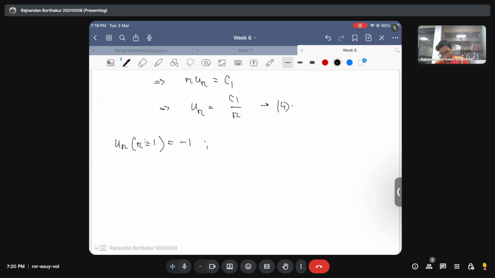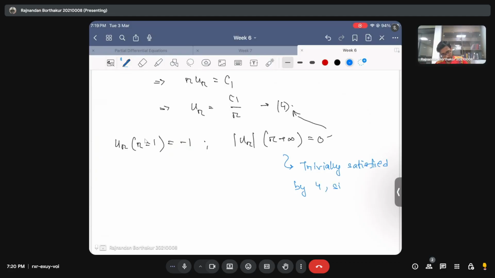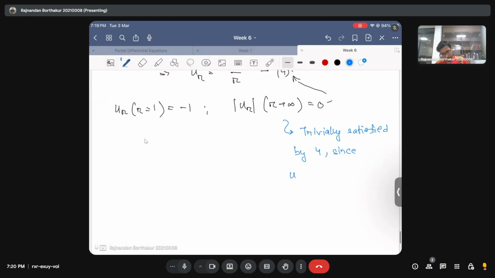And we also had one more condition, which is the fact that the magnitude of UR when R goes to infinity is equal to 0, and this is trivially satisfied by 4, since 1 by R approaches 0 when R approaches infinity.